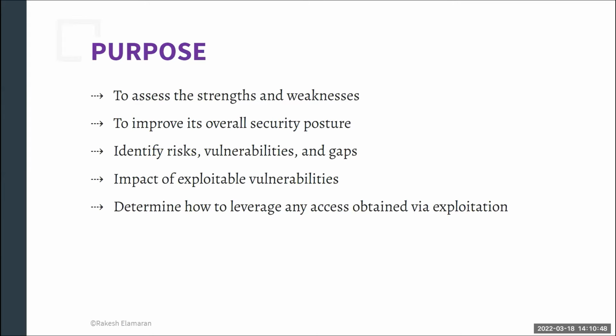And the impact of exploitable vulnerabilities. As we all know what happened with the log4j issue, and how much impact it caused to all the organizations. So we should be able to realize what kind of impact it will bring when the vulnerability is exploited, and determine how to leverage any access obtained via exploitation.